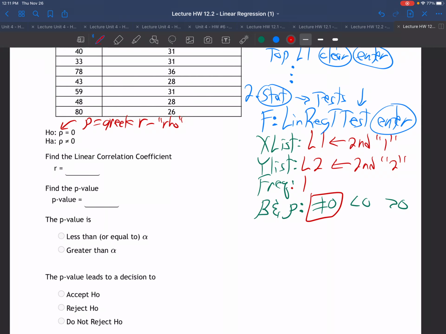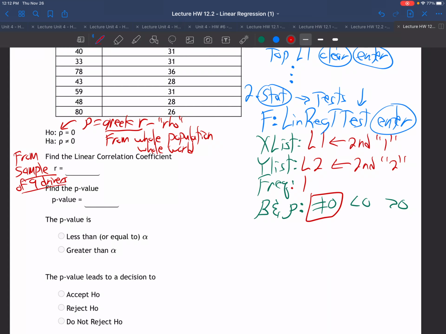This r is the sample value, and this one is the Greek value, meaning we always use Greek letters because we're saying it's from the whole population, meaning the whole world. Whereas the regular r, the English r, is from the sample of 9 drivers.